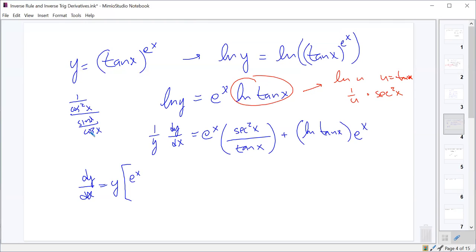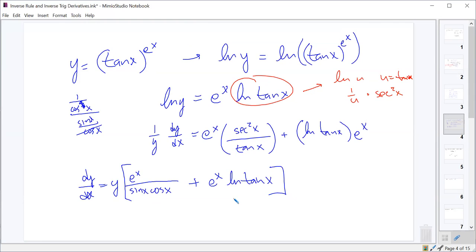So first off, I can cancel this cosine with one of the cosines. And so now I've got 1 over cosine divided by sine, which is just a sine and a cosine in the denominator. So e to the x over sine x cosine x. Or if you wanted, you could make it e to the x cosecant x secant x. That'd be fine too. And then plus e to the x times natural log tangent x.